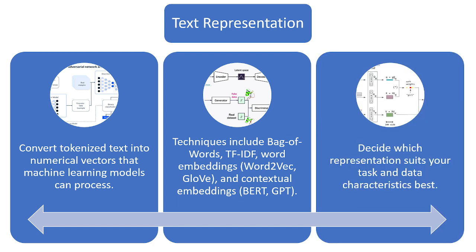And the last step is to decide which representation suits your task and data characteristics. As per your task and the data characteristics, you can use bag of words, TF-IDF, or embeddings. So these are the text representation techniques.